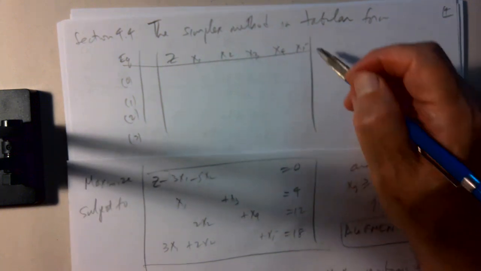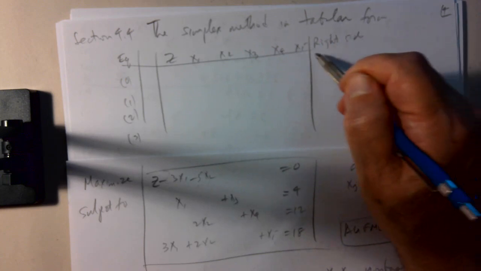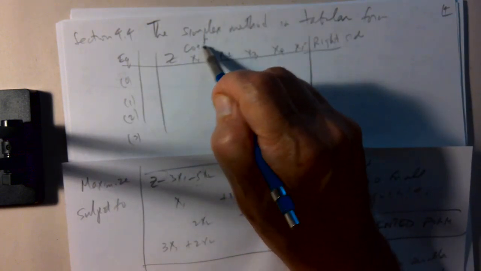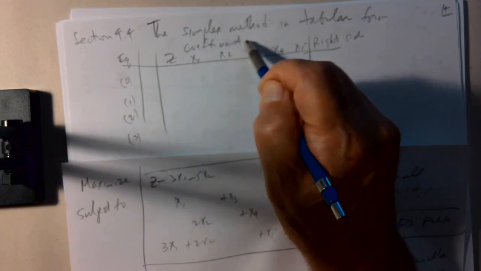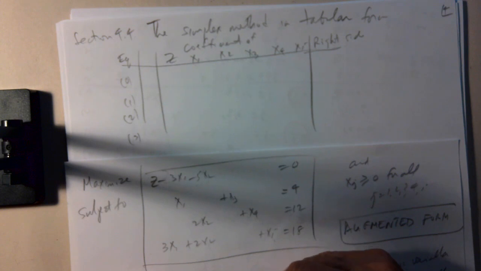And then on the right-hand side, we have a number. And what I'm going to write in this table are the coefficients of these variables in these equations.